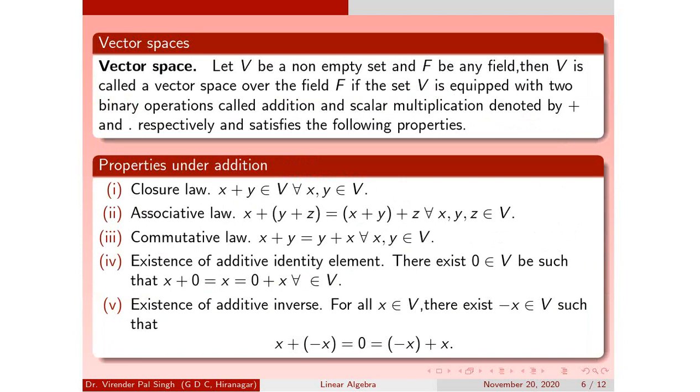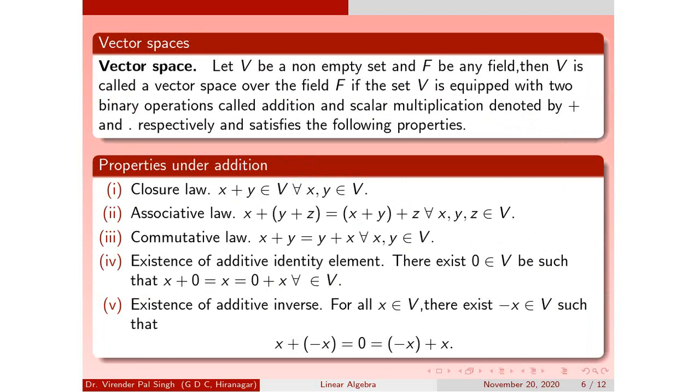Then V is said to be a vector space over the field F if the set V along with two binary operations, one internal and one external, addition being the internal binary operation and scalar multiplication being the external binary operation, satisfies 10 properties. Then we will say this set along with addition and scalar multiplication is a vector space.